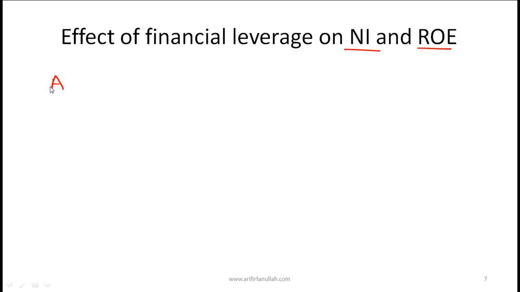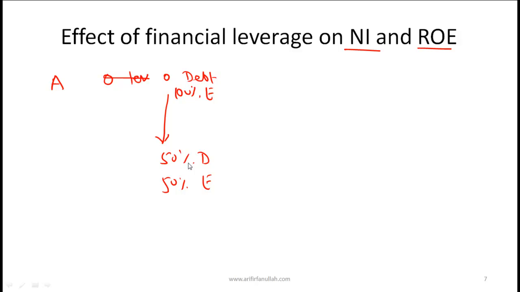Let's say that company A initially has zero debt in its capital structure, and now it goes from zero debt to, let's say, 50% debt and 50% equity. So without getting too detailed into the numbers, just qualitatively let's understand what happens when a company goes from zero debt and 100% equity to a capital structure where it's relying heavily on debt.